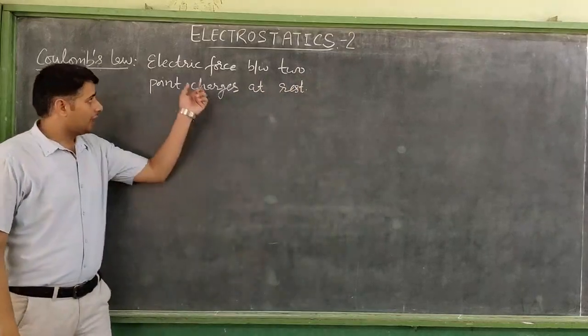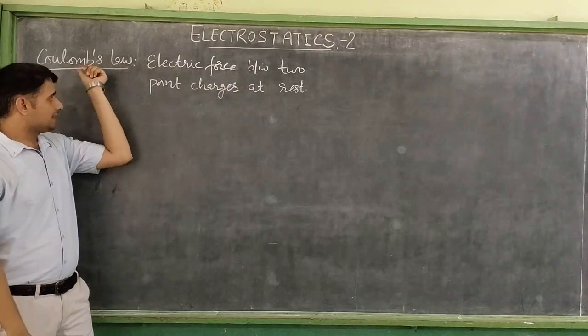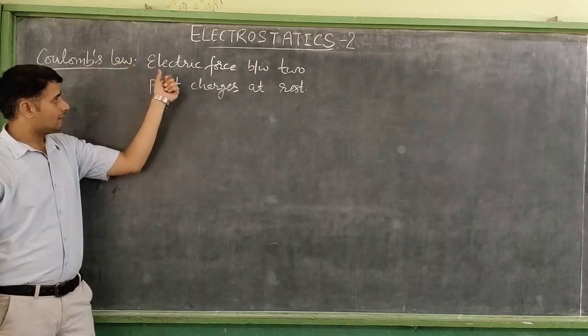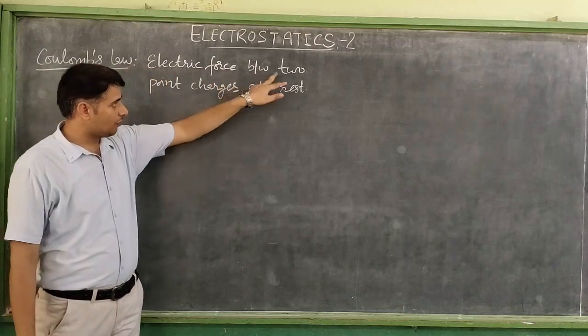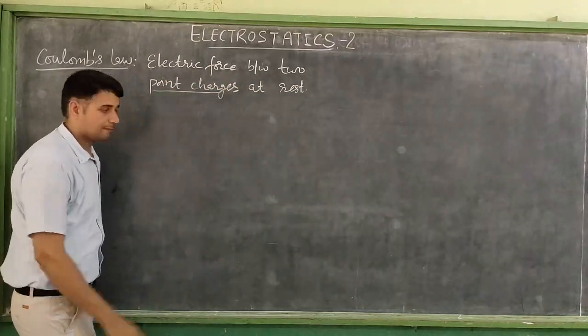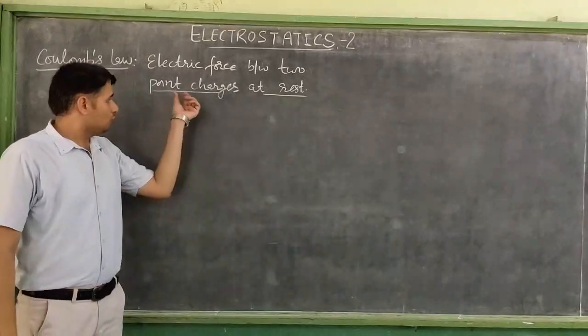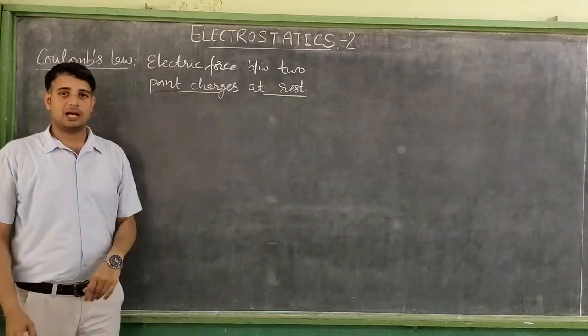Dear students, here each word has its usual meaning. Coulomb's law tells about the electric force between two point charges. First thing, point charges. Second thing, when they are at rest. To which charge can we call it a point charge?